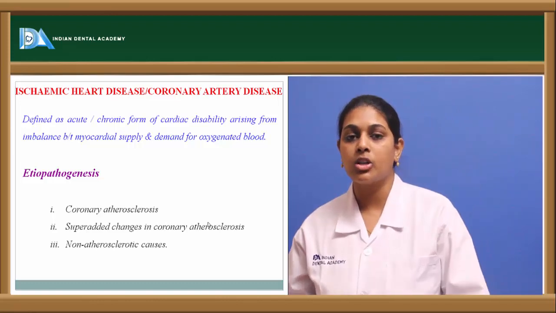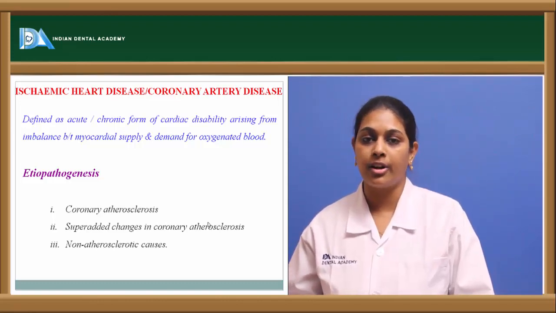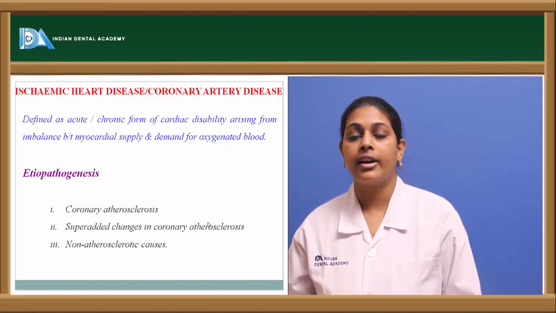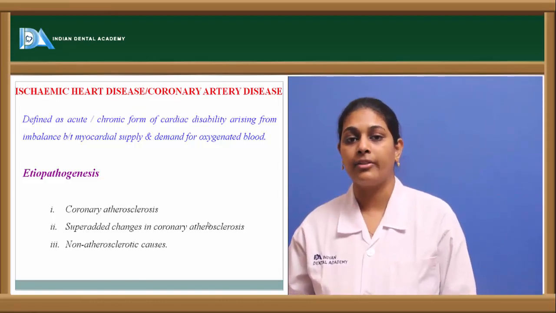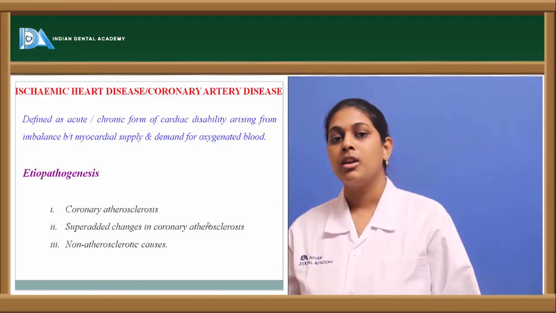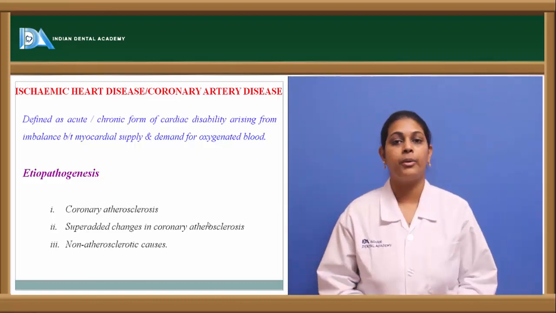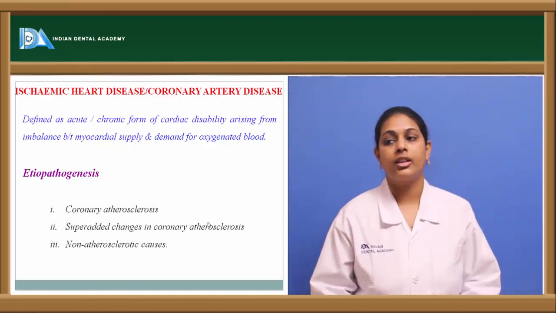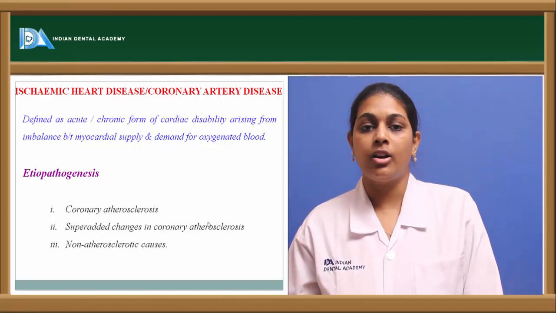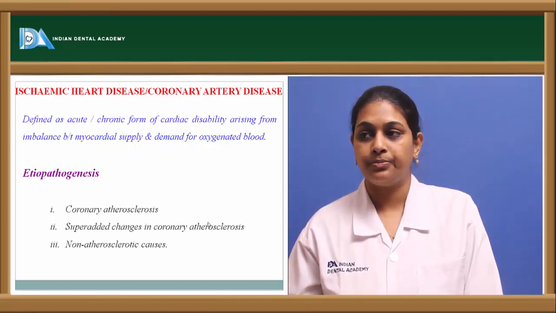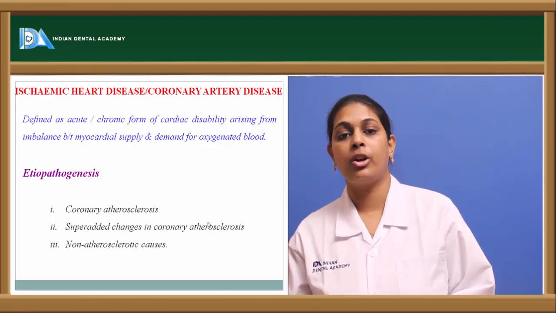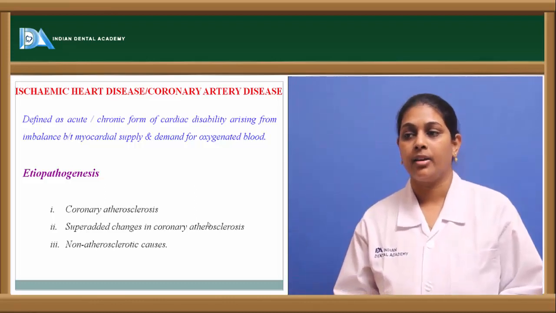Then it is also because of the superadded changes in the coronary atherosclerosis, that is any infections occurring in an already formed atheroma, or any further complications of the atheroma, such as ulceration, hematoma formation or calcification. Otherwise it could also occur in non-atherosclerotic areas, because of inadequate blood supply.